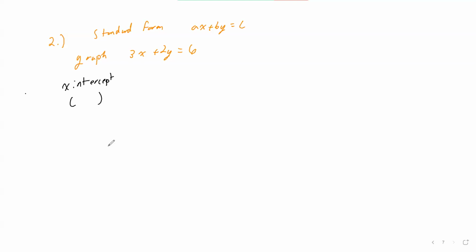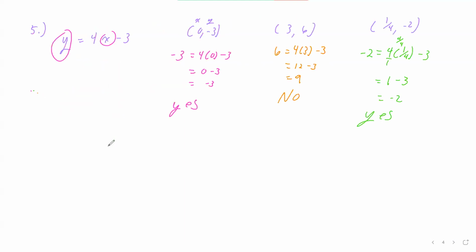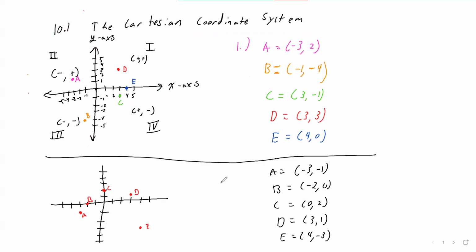So let's go back to this. If it was on the x-axis, how was the coordinate written? Right? The number, comma, 0. So it told me to go on the x-axis, but then I didn't go up or down.